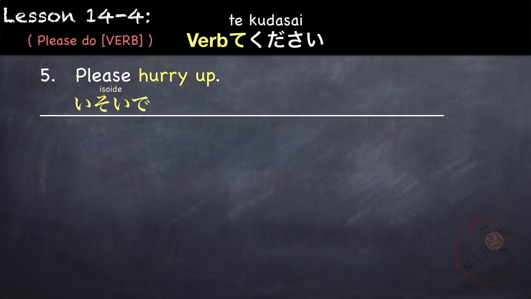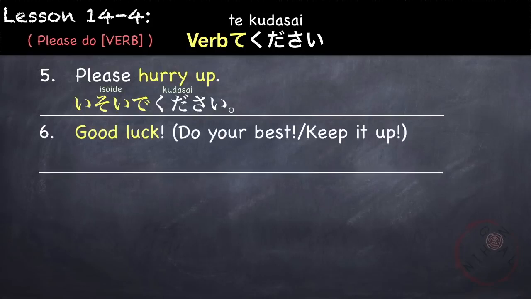So it becomes isoide kudasai. Isoide kudasai. Good luck. Do your best or keep it up. Good luck is gambarimasu. In the te form, it becomes gambatte kudasai. Gambatte kudasai.